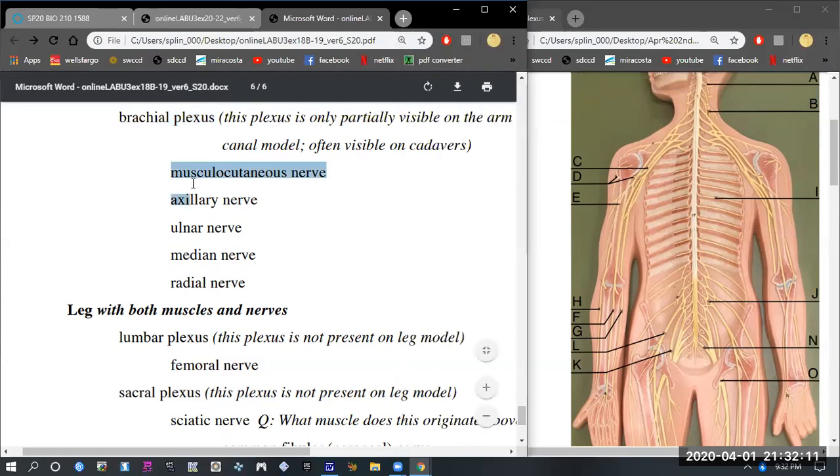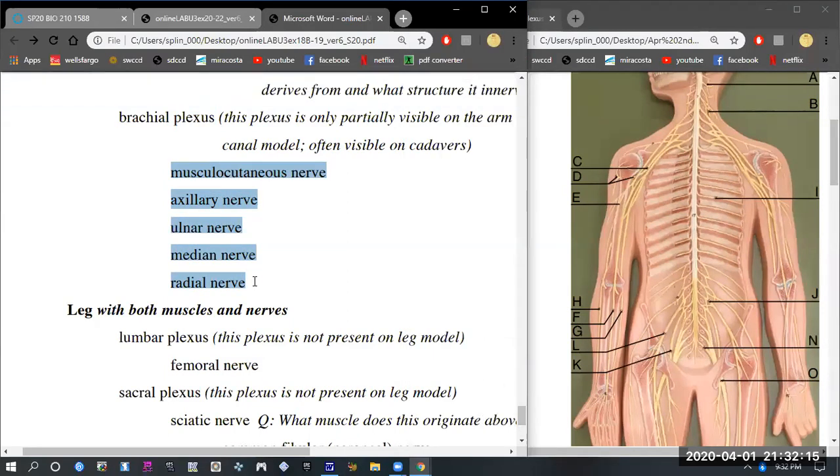And now these are the individual nerves called peripheral nerves that branch from the brachial plexus. So to start here, what's called the musculocutaneous nerve, that's what we see here, the letter E. So you notice coming down past the humerus is that most lateral branch, the musculocutaneous nerve.